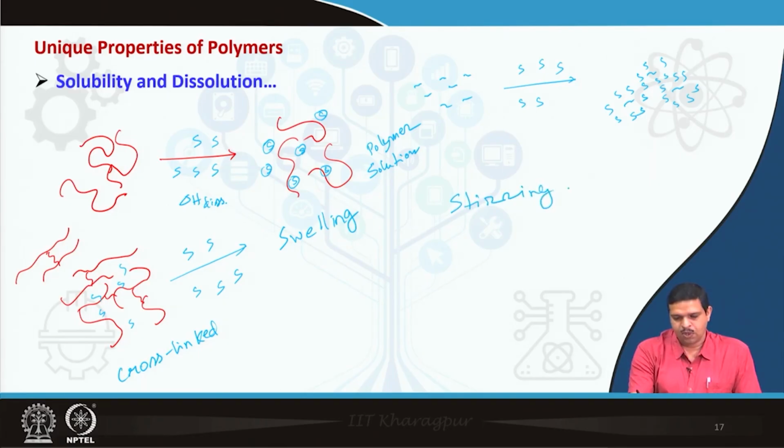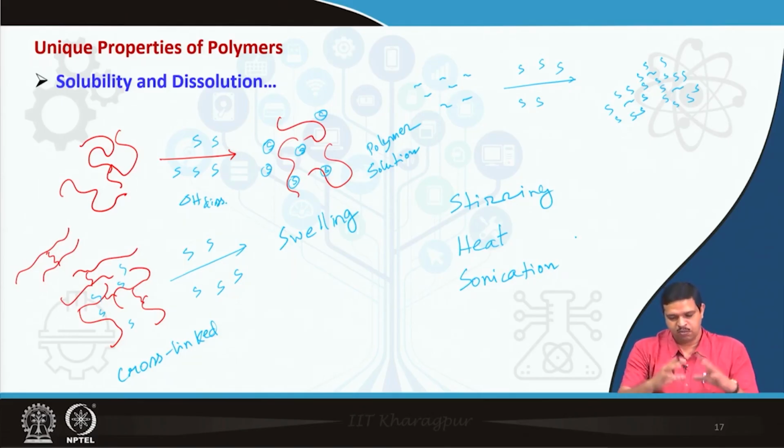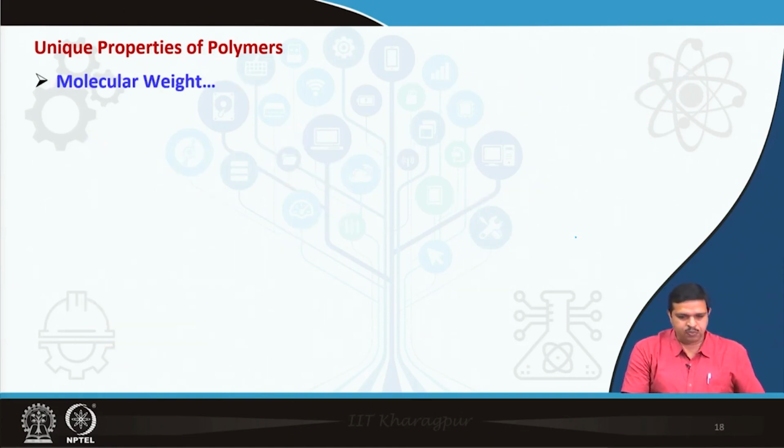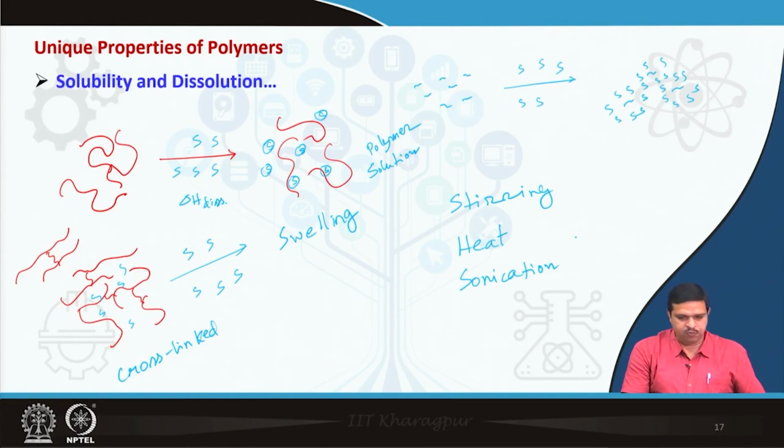So, not only the solubility, you will see that there is something very interesting in the molecular weight of the polymers. Just take a small molecule like benzene. I am sure all of you know what benzene is. So, this is benzene, C6H6. Okay.